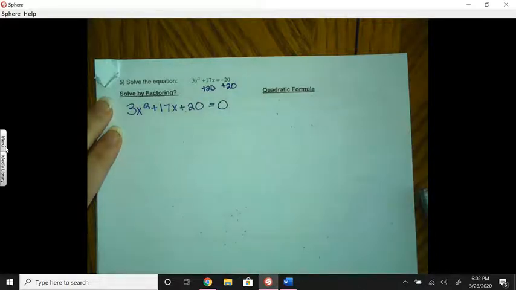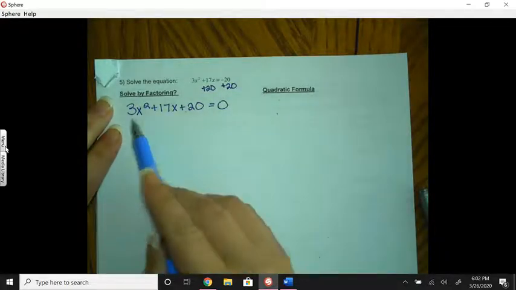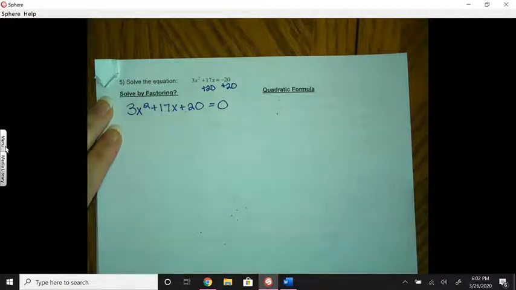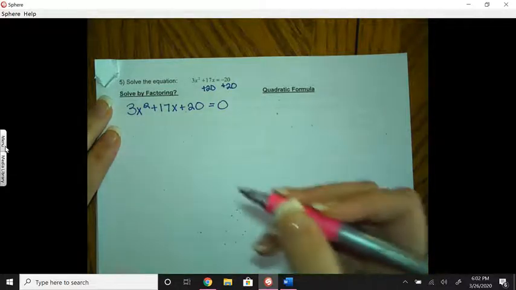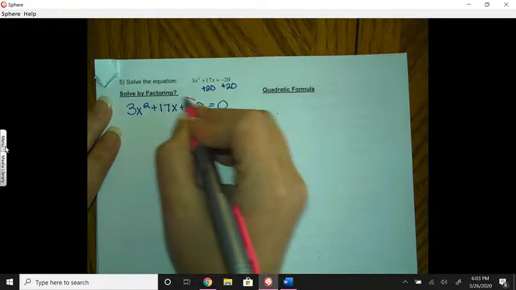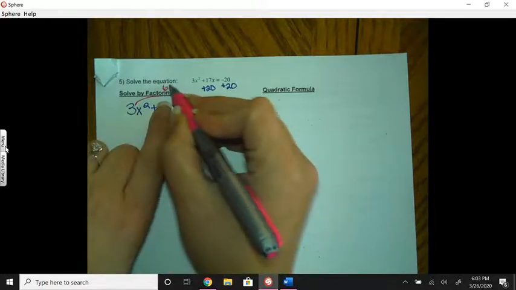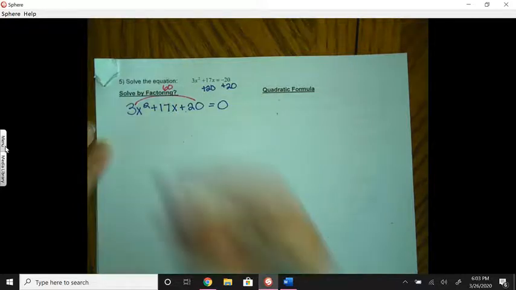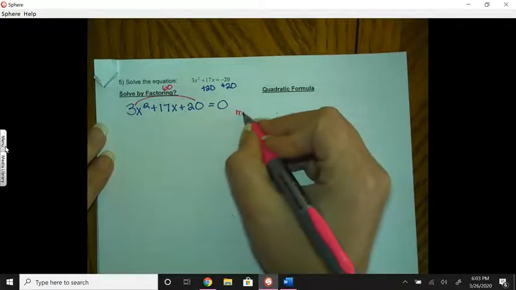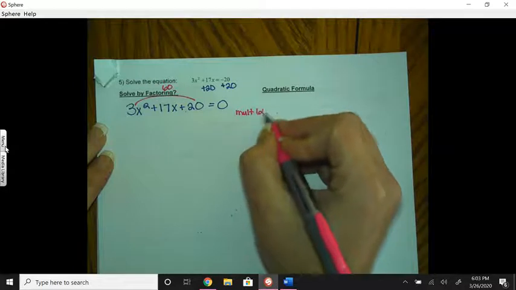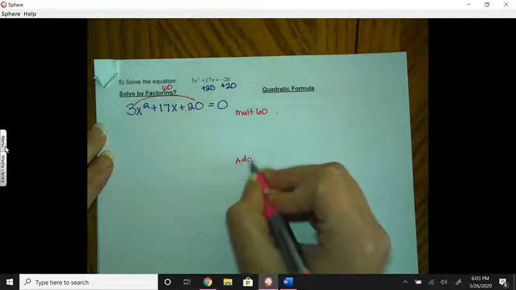Okay, so then when we factor, we look to see if there's a GCF, which there is no GCF here. So then we would take our A and our C and multiply 3 times 20, which is 60. So we'd have to think of anything that multiplies to 60 and adds to 17.